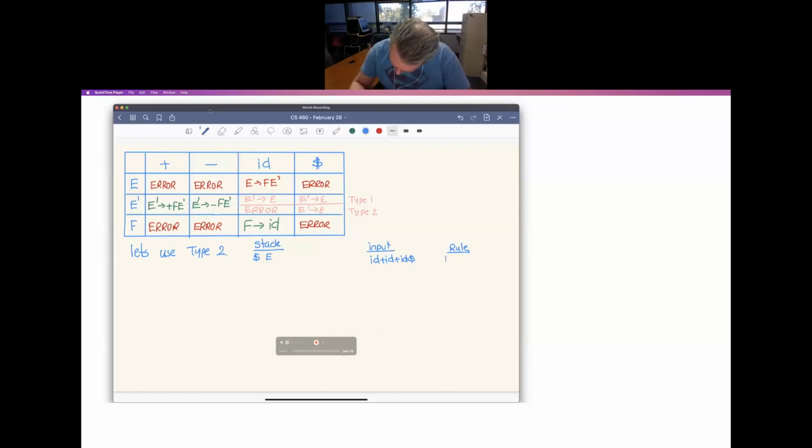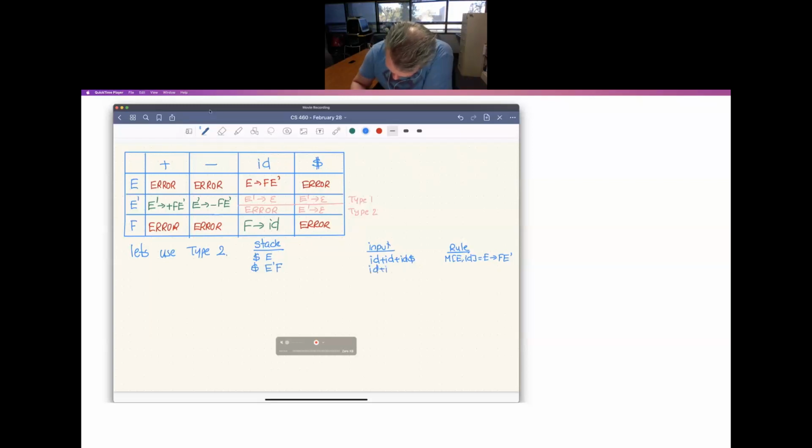So we can say that M of E comma ID is E goes to, oh, it was F, wasn't it? F E prime. So we get dollar E prime. Remember, when we replace a right-hand side with more than one thing, that goes on in the opposite order, because we need a left-to-right derivation.